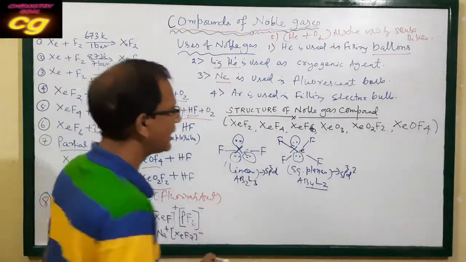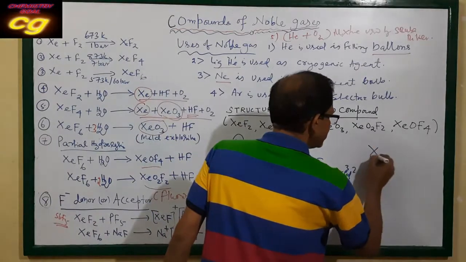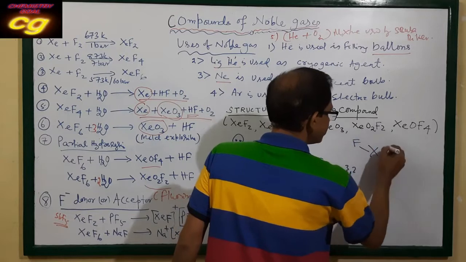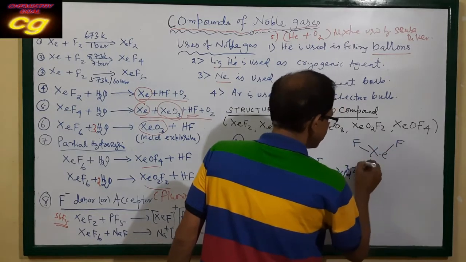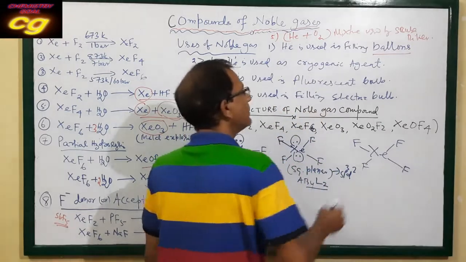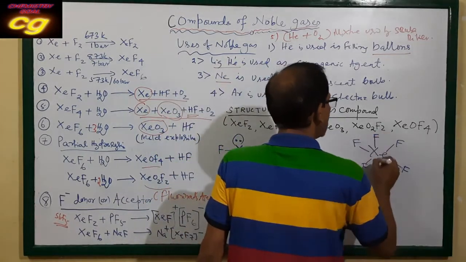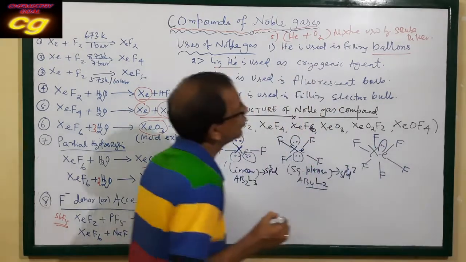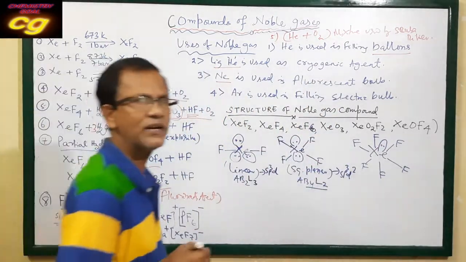Similarly, xenon hexafluoride will be like this. Then above and below, 1 lone pair remains. So it is distorted octahedral.